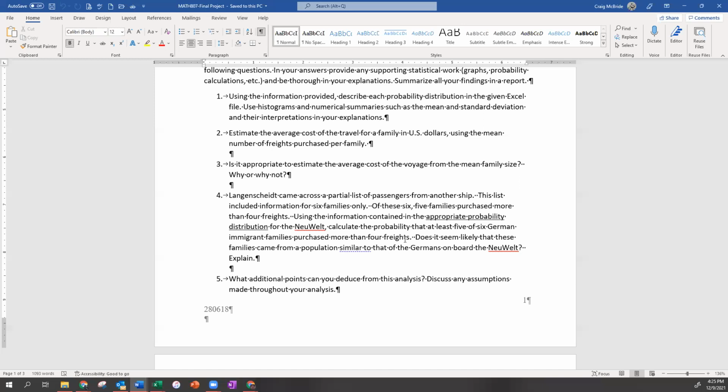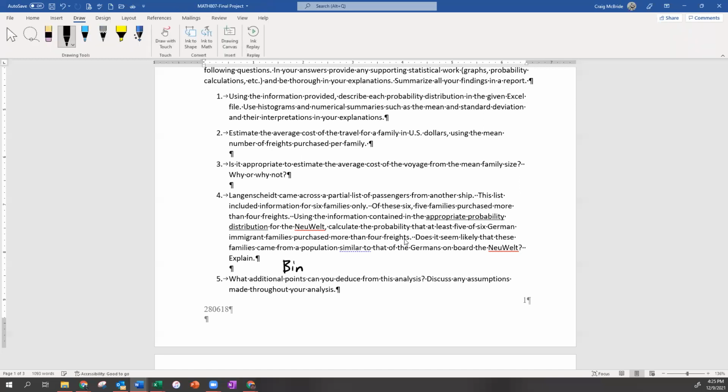Remember that when we want to do at least 5, we would actually have to do a binomial with x equals 4, p would equal 0.05, and n would equal 6. And we would do a binomial CDF.